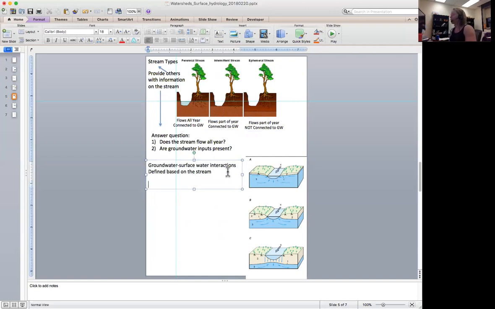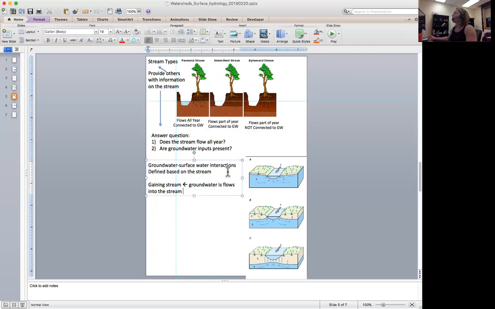So we can have a stream that is gaining. A gaining stream is a stream in which groundwater is flowing into the stream.